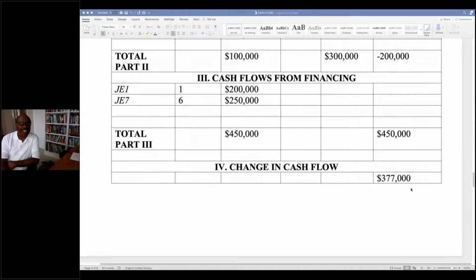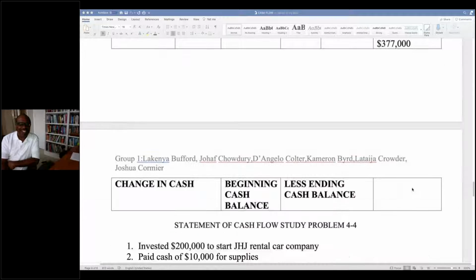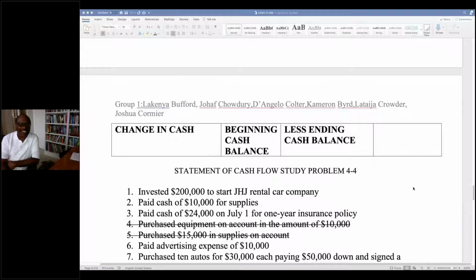But I got in my notes, the purpose of the statement of cash flow is to reflect the measurements of change in the cash for a corporation annually. Okay. So let's see how you did. You invested the 200, you put that in, you pay cash for supplies and for insurance, you put those in.